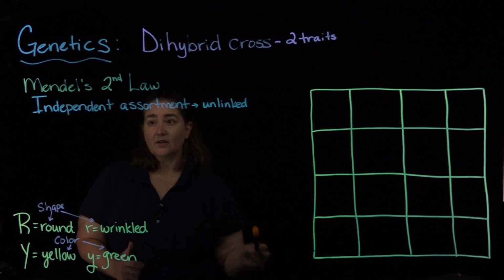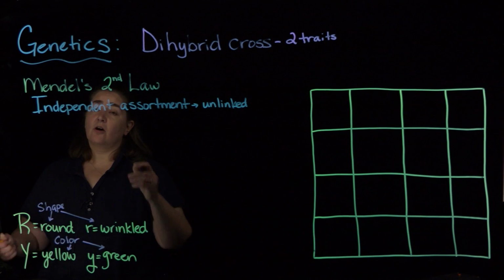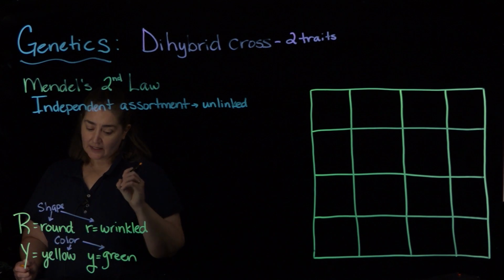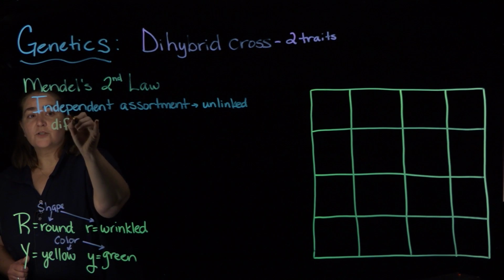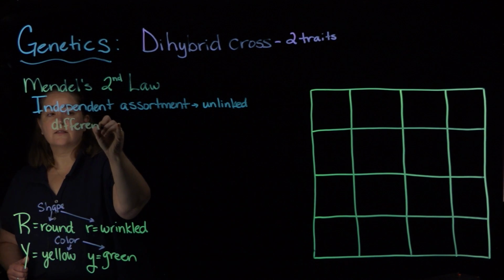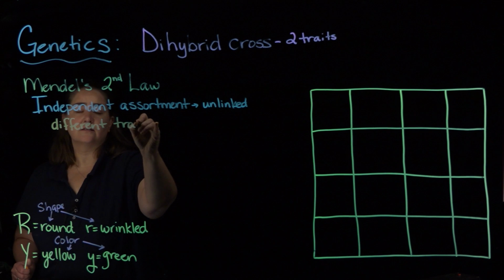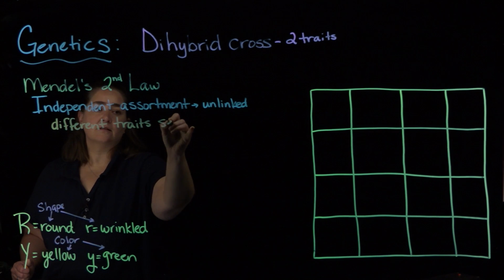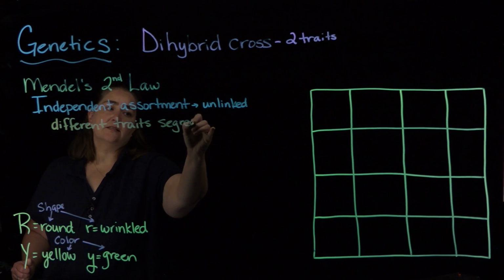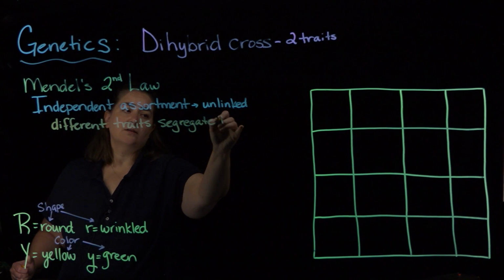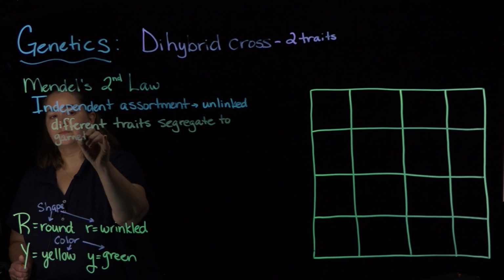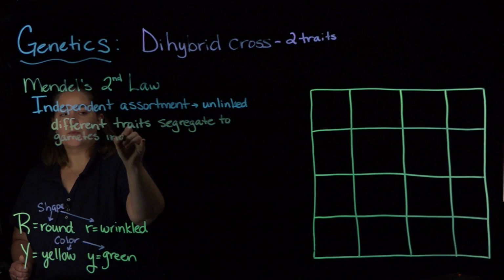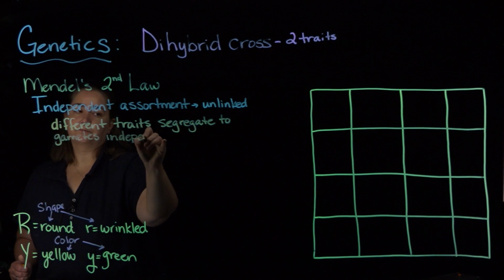The law of independent assortment says that different traits segregate to the gametes independent of one another.